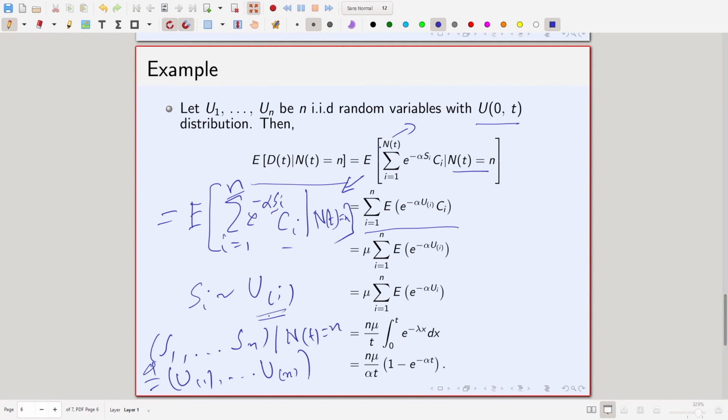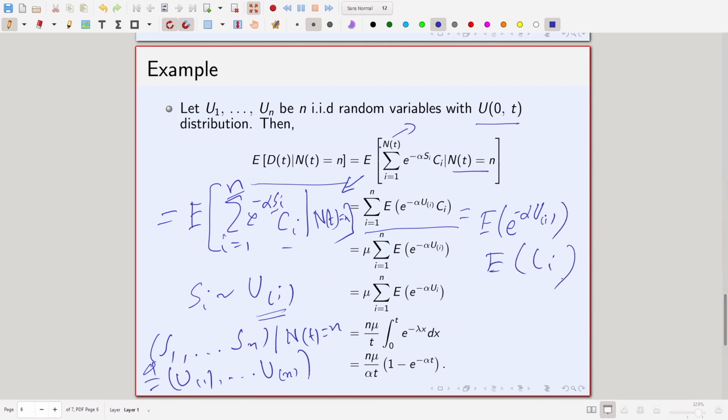Now you know that these Ci are independent of these Ui, because the Ci are independent of the arrival times. So this expectation will just become the expectation of e to the power minus alpha Ui times the expectation of Ci.